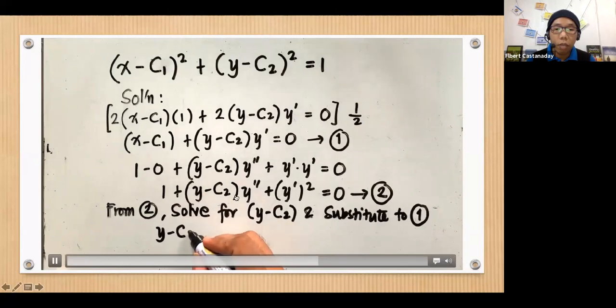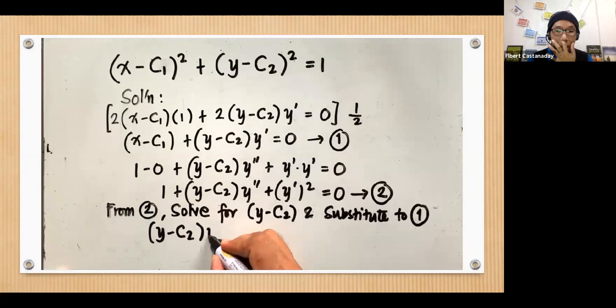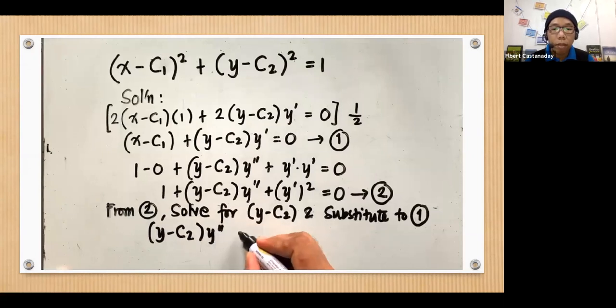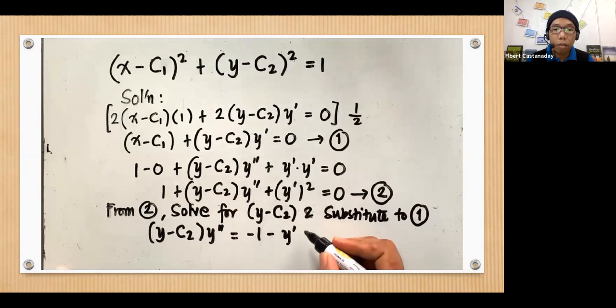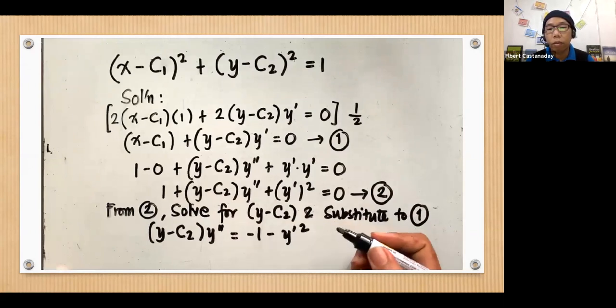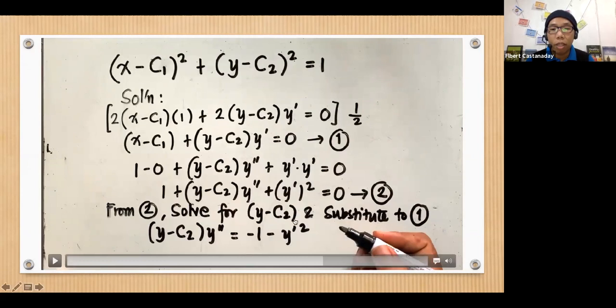Take a look at the second equation here, times y double prime. Okay. And then I will transpose 1 and y prime squared to the right-hand side. So you have y minus 1 minus y prime squared. Okay. So pwedeng ganito yung pagkakasulat ng y prime squared. Okay, need not to put a parenthesis there.